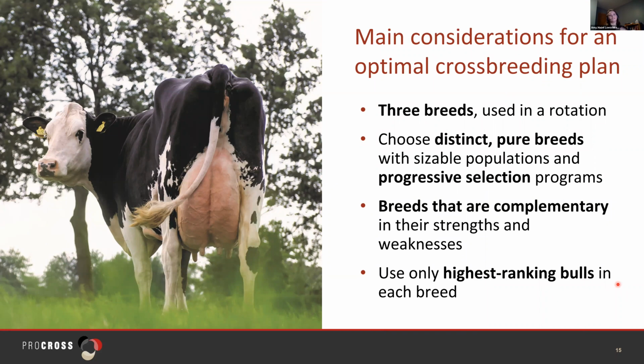So the ideas and the data we promote and the results that we've shown are all conducted when farms use highest ranking bulls across all breeds. We compare that to Holsteins that are also sired by high ranking bulls across breed, and show you those results. You shouldn't expect that if you're not going to engage in this part of the program.